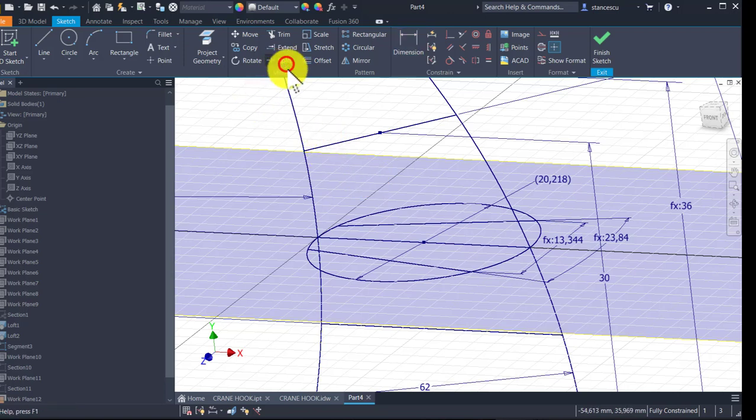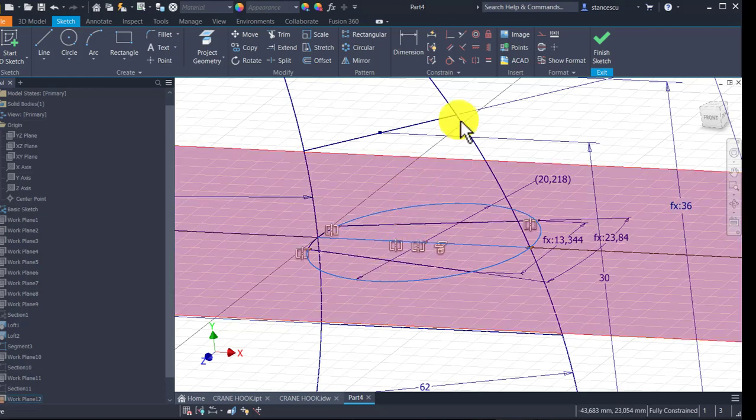Split, split 3 times. Now you know why. I select this, select diameter, select the other arc, make them construction.